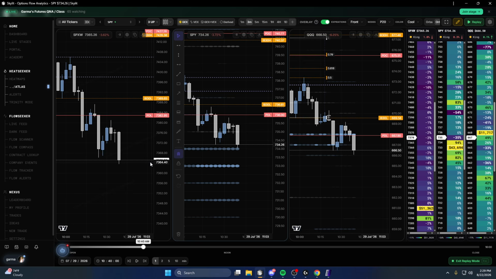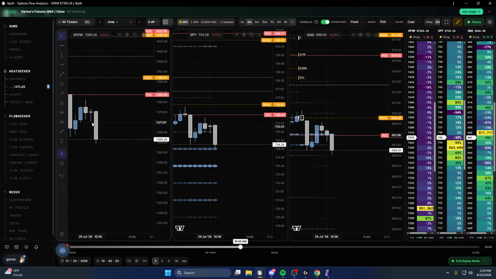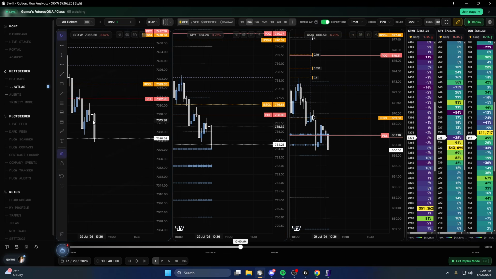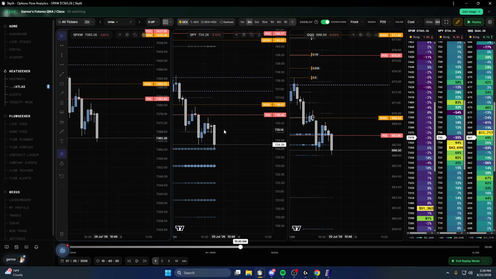So over here, it seems like QQQ is losing the Pika stack now. The read I have is if this QQQ Pika stack doesn't hold, we could still see more downside. But SPY still has a reverse rug, right? SPX has really nothing to help us here because there's nothing on the map. So we still have the reverse rug on SPY that we were talking about.